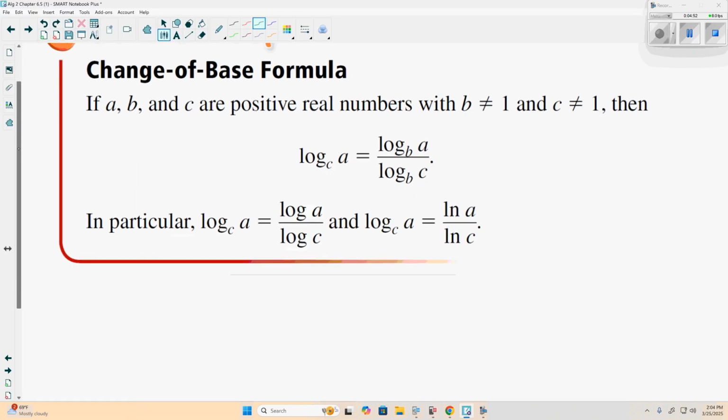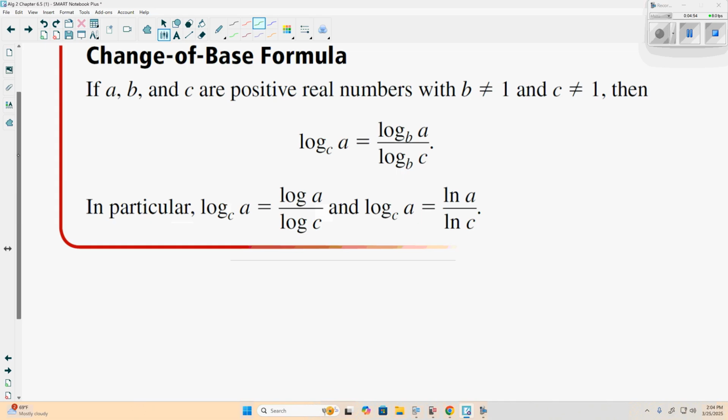Now according to the change of base, log base C of A is equal to log base B of A over log base B of C. Or for us, we can just change it to base 10, telling us that log base B of A is equal to log of A over log of B in common logs.